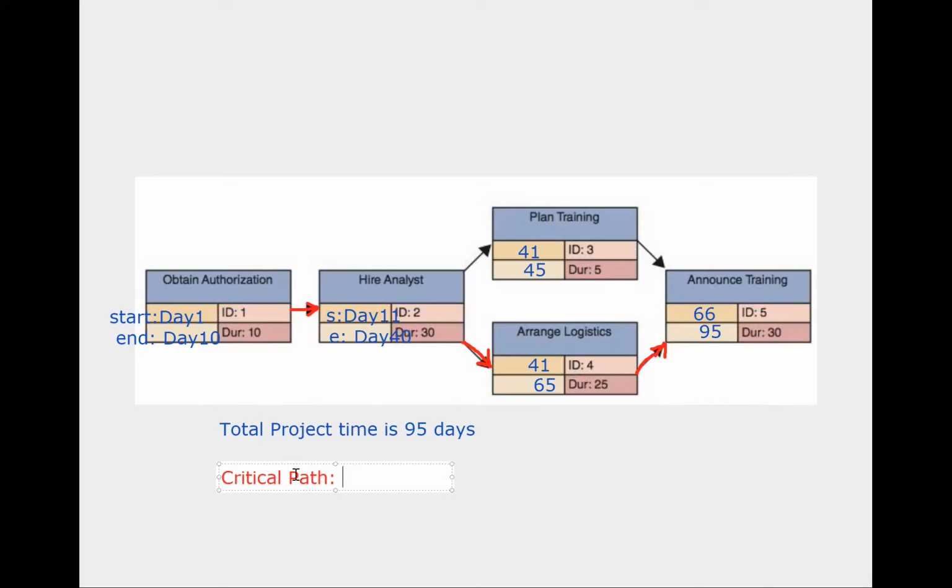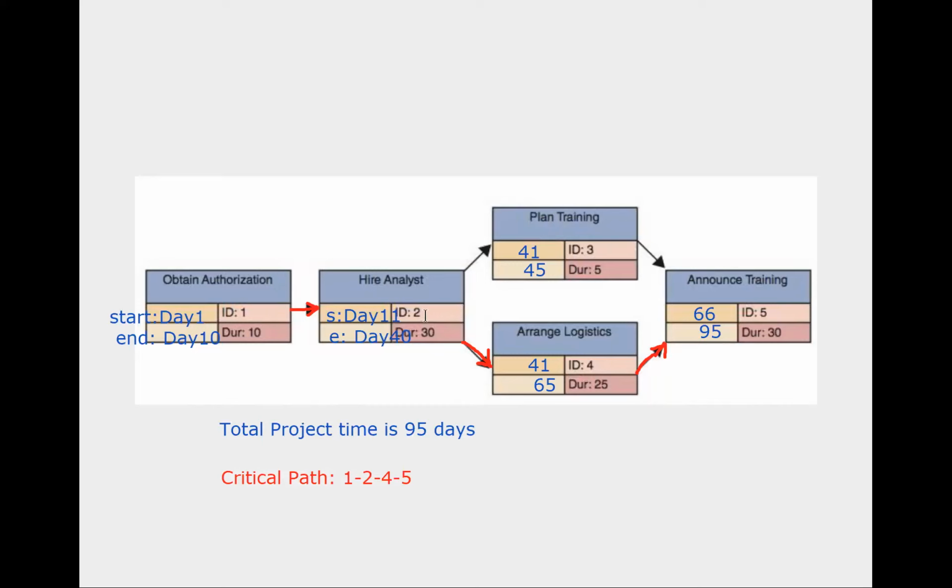So the task ID is 1. I will put in that form 1, and then we have 2, then we have 4, and then we have 5. So no delay should happen in this path. If something goes wrong in this, it will affect the total days.